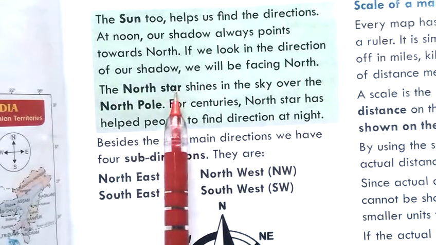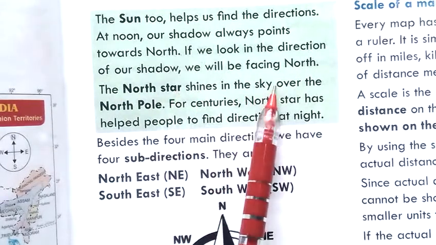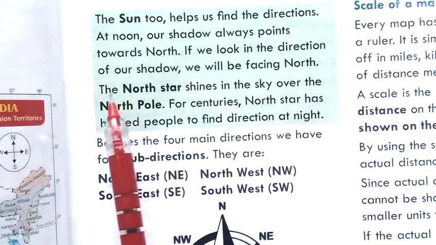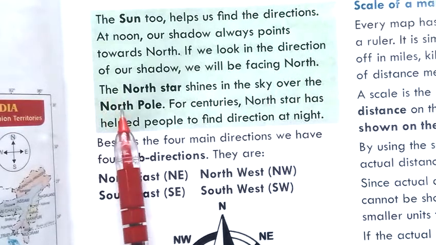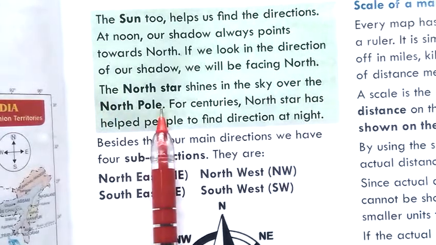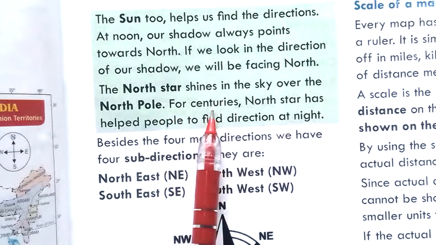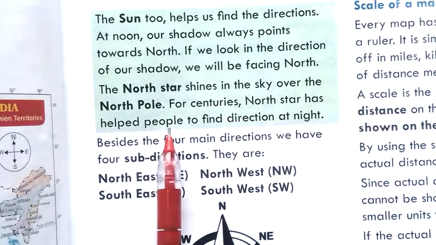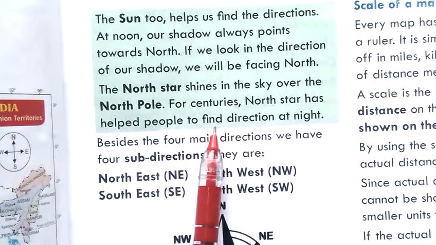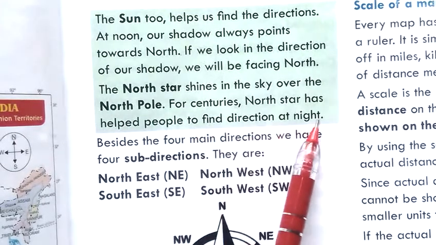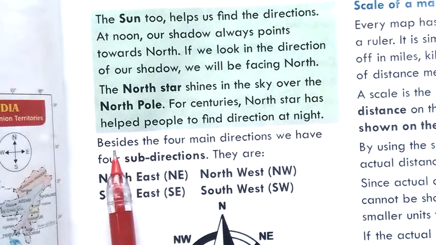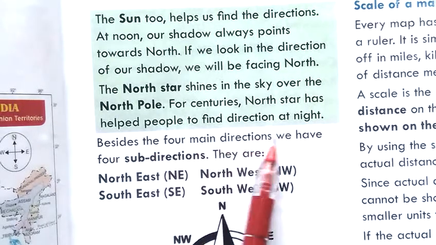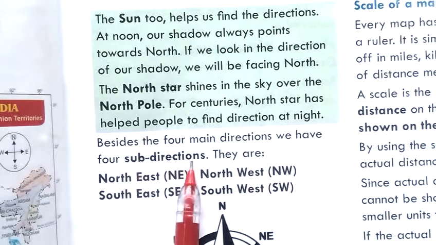The North Star shines in the sky over the North Pole. For centuries, the North Star has helped people to find direction at night. Besides the four main directions, we have four sub-directions.